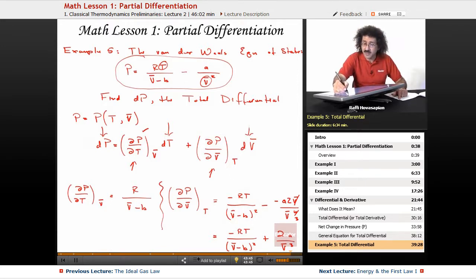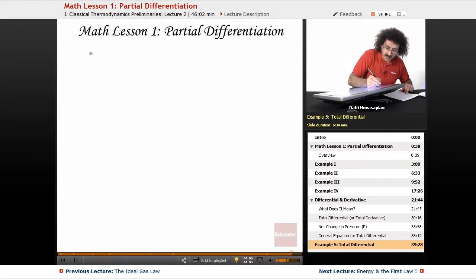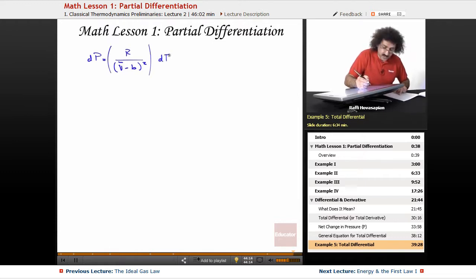Well, now that I have this and this, I plug them in to here and here, and I have my final expression. The total differential of P is equal to R over V minus B, times dT, plus minus RT over (V minus B) squared.